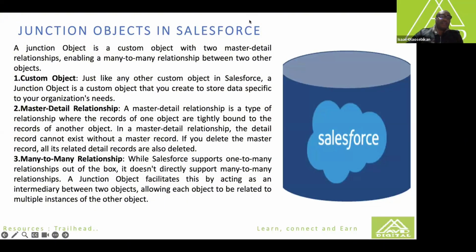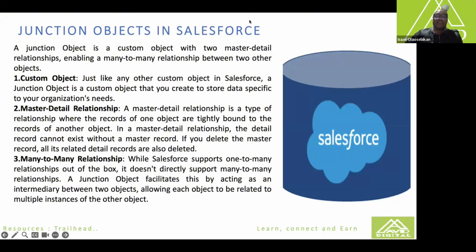But when you want to establish that relationship, you need to consider some factors. Because if you are dealing with a master detail relationship, it has a cascading delete effect on the object you are building that relationship with. Like we just did now, we established a master detail relationship between our project object and our accounts. If the account is deleted, the custom object is also going to be deleted. Take note of that. We actually built a JKC LLC.